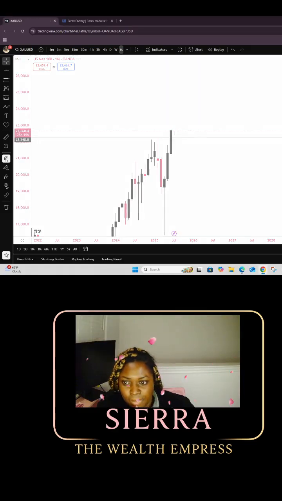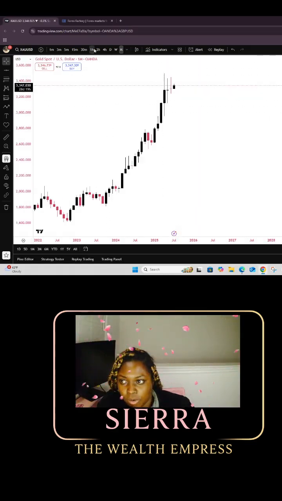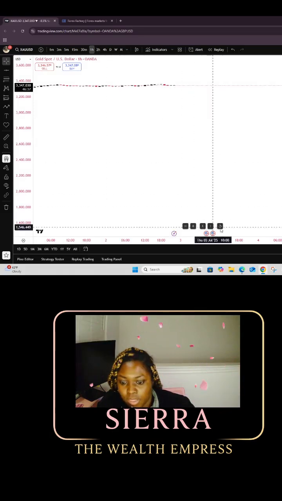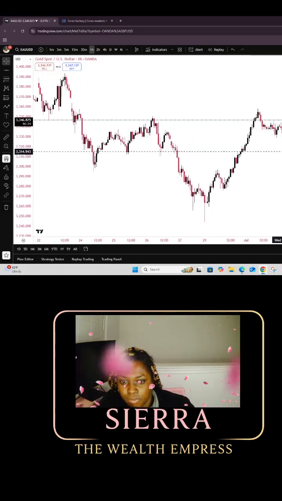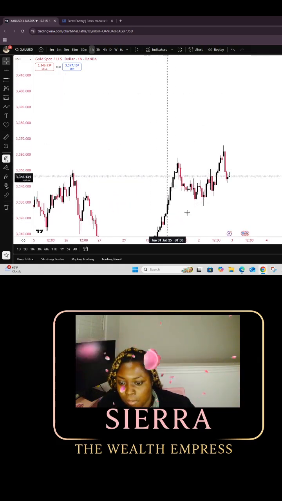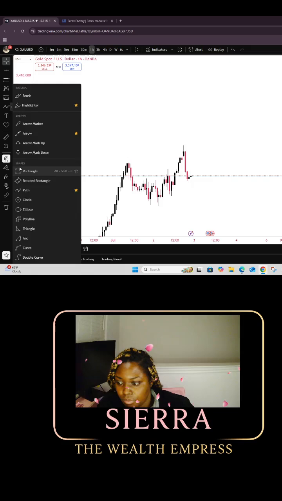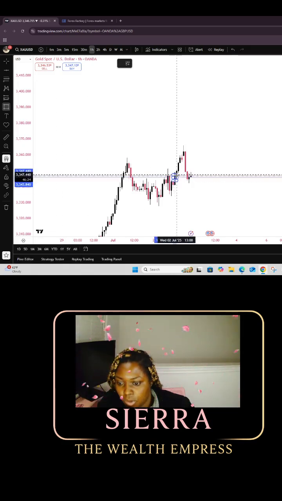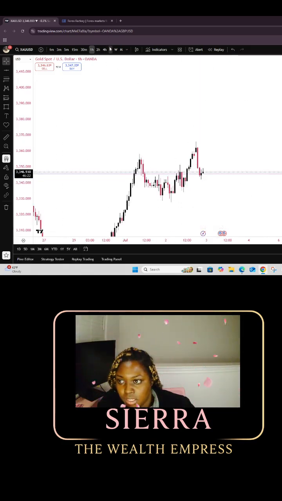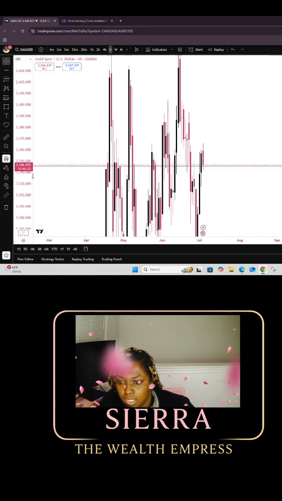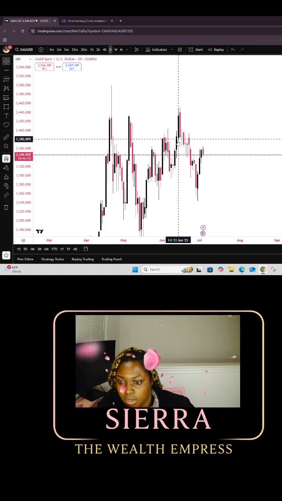If I go back to gold, come back to the 1 hour, the most recent, are you talking about the TP fair value gap? So my entry fair value gap was this one right here, on the 1 hour. And then TP fair value gap is on the daily, and it's right here.